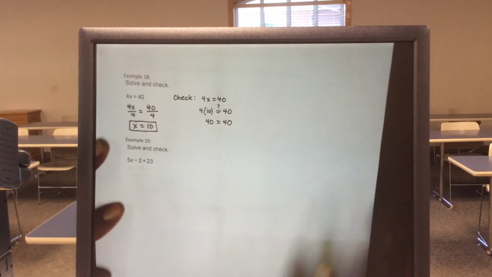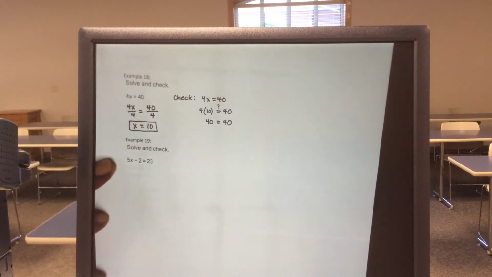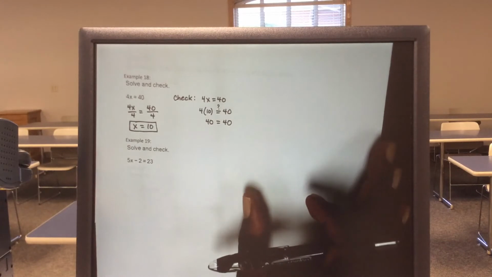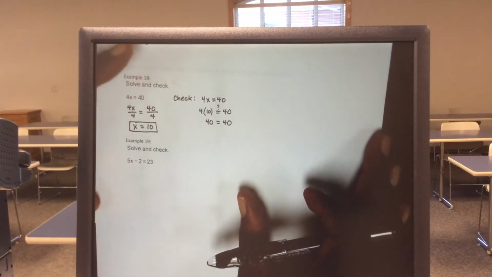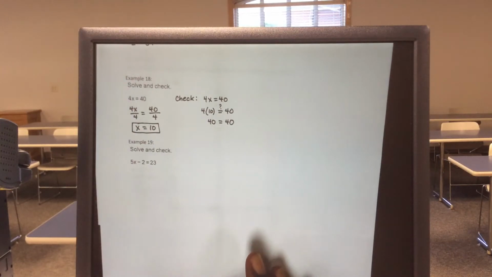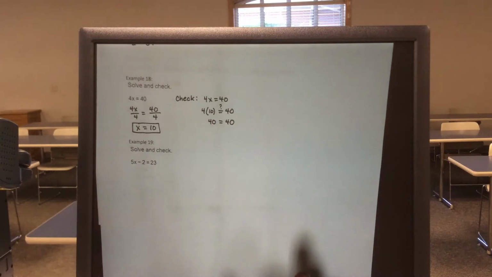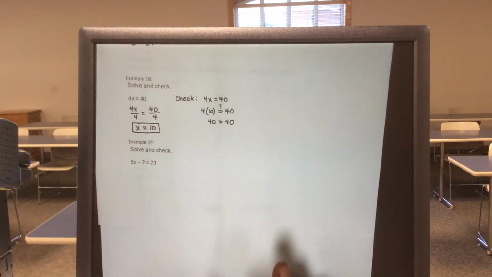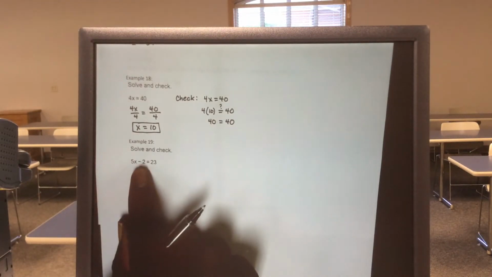Okay. In this example, 19, we got 5x minus 2 is equal to 23. And I want to get x by itself. Here we got a two-step equation that we want to solve for x. So the first thing I need to do here is get rid of the minus 2.